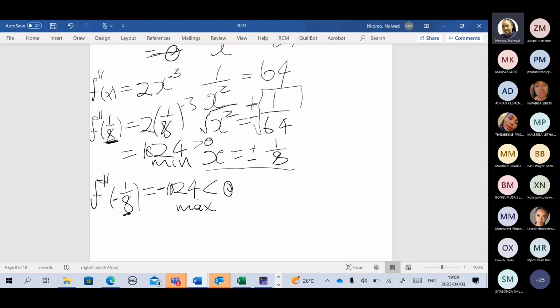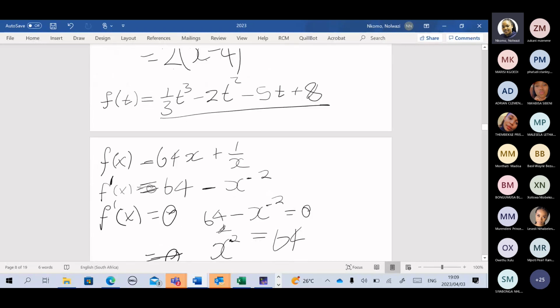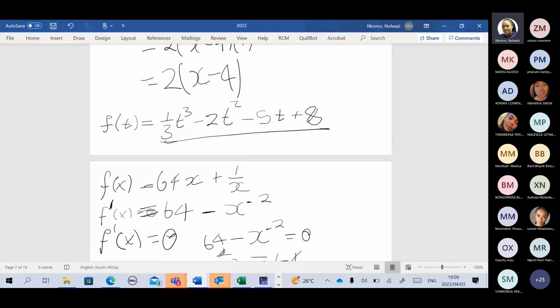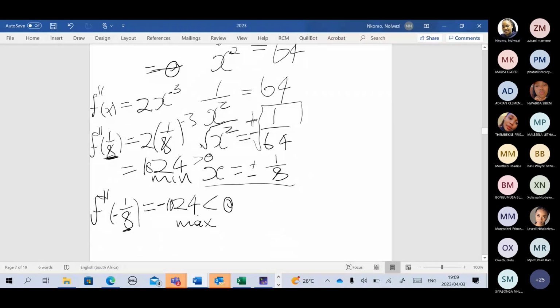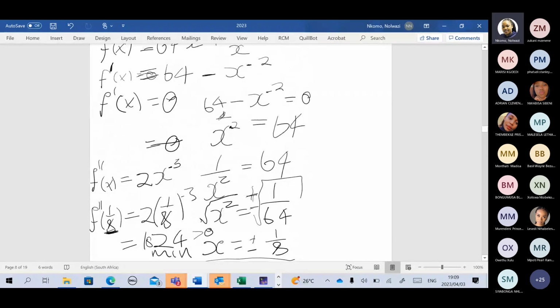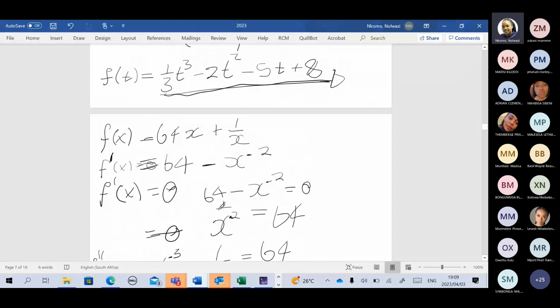Okay, since we have this one with 2 roots, there is no need to do this one, but please do it in your extra time. Again, you differentiate once, you solve for x, and then you differentiate twice and substitute your x.